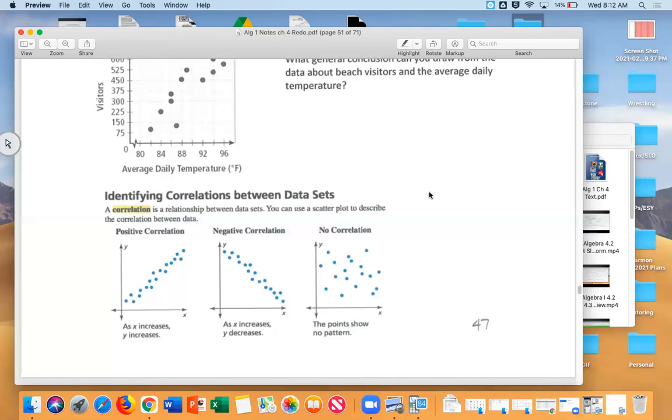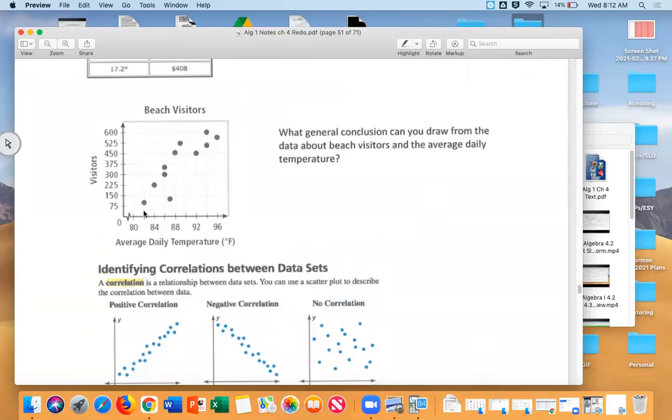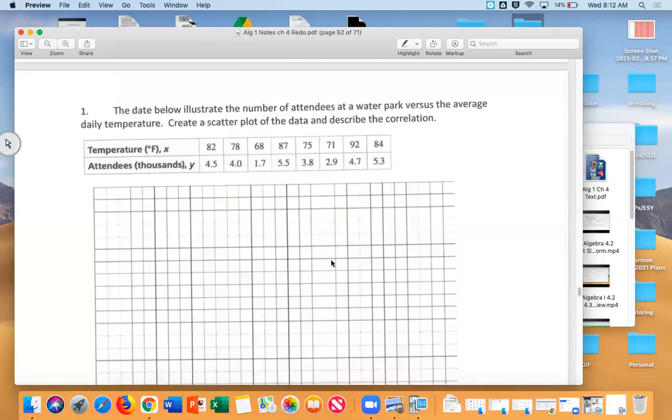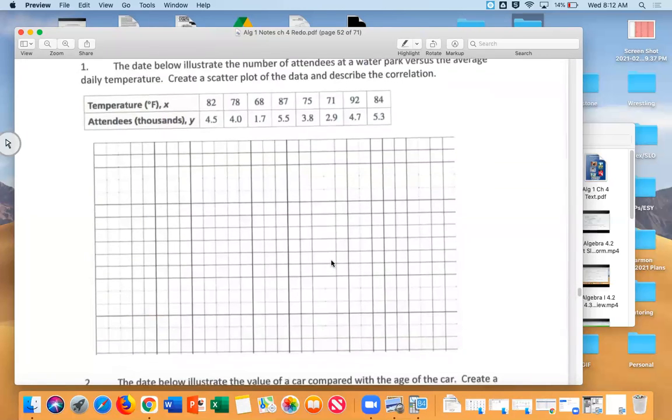Now within them, you can have a strong correlation or a weak correlation. A strong correlation is, going back to what Andrew said, the tighter those points are together in a line. Do you see how tight they are? That's going to indicate a strong correlation. The further apart they are, like these, the weaker the correlation. Any questions with that?